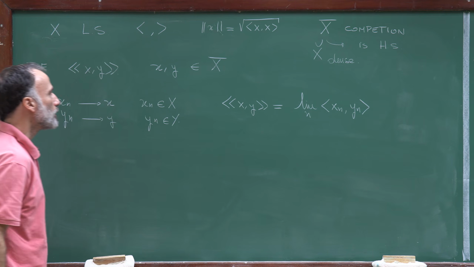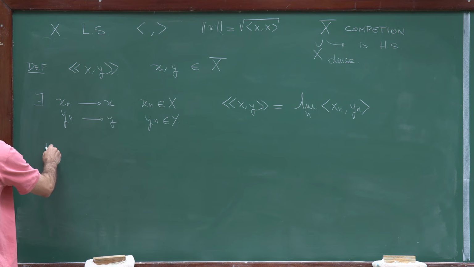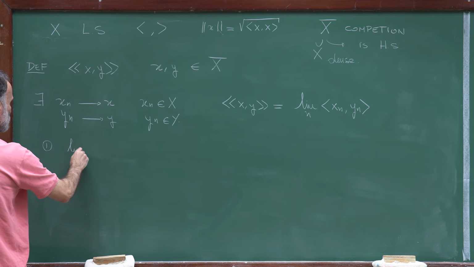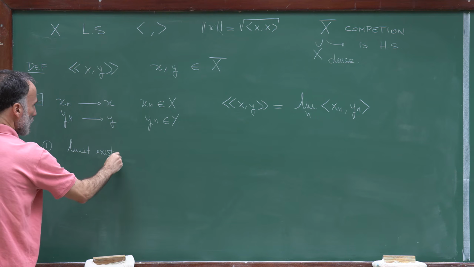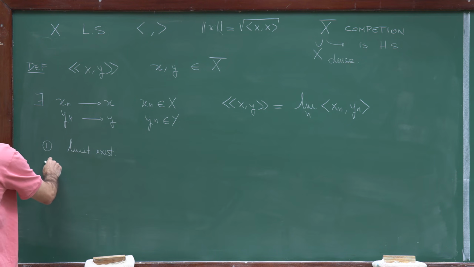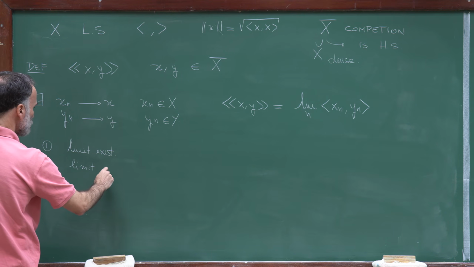So there are many things I need to prove. The first one is that the limit exists. And the second is that the limit does not depend on the chosen sequence.